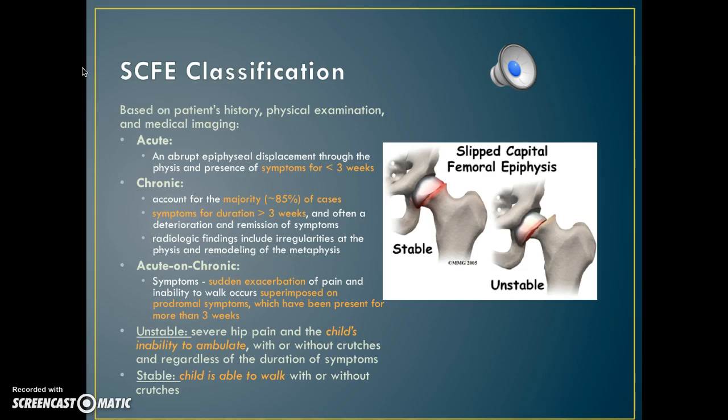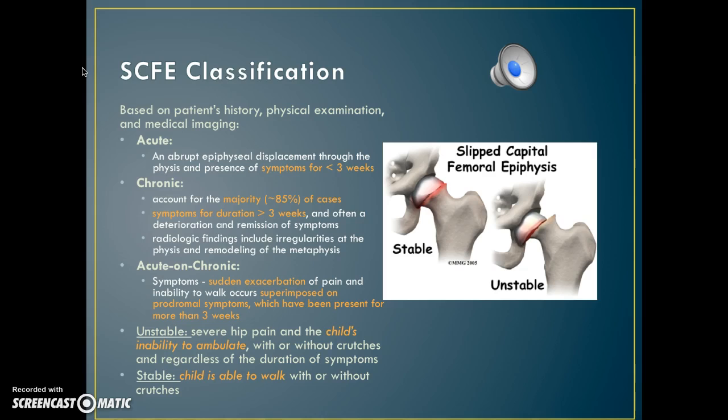SCFE injuries can be classified into a few different categories based on the patient's history, the results of the physical exam, and medical imaging. An acute SCFE injury is an abrupt displacement of the femoral head from the femoral neck and symptoms that last for less than 3 weeks.